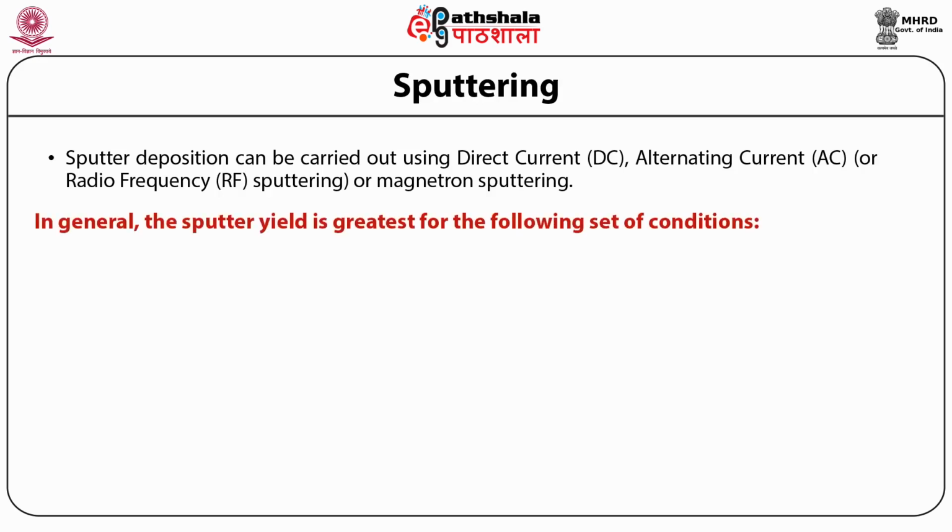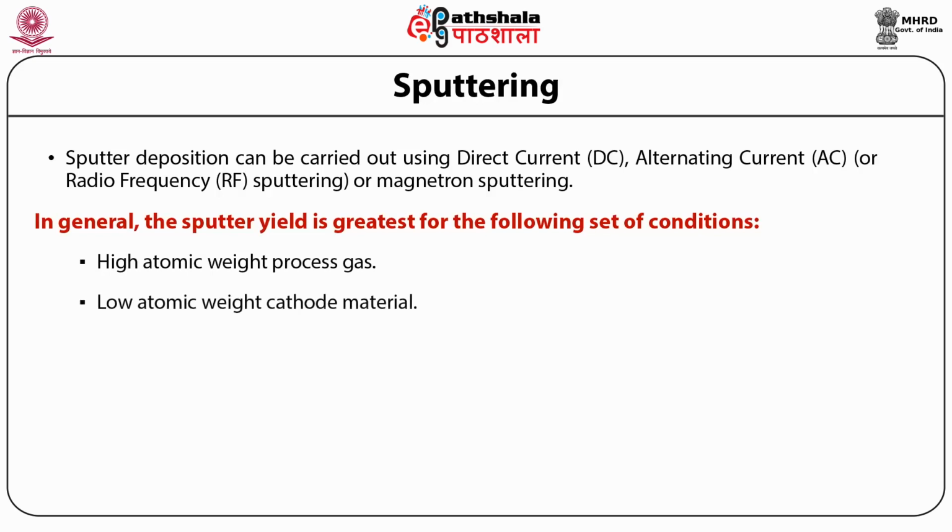In general, the sputter yield is greatest with the following set of conditions. Number 1, high atomic weight process gas. Number 2, low atomic weight cathode material. And number 3, low concentration of reactive gas species in the vessel.